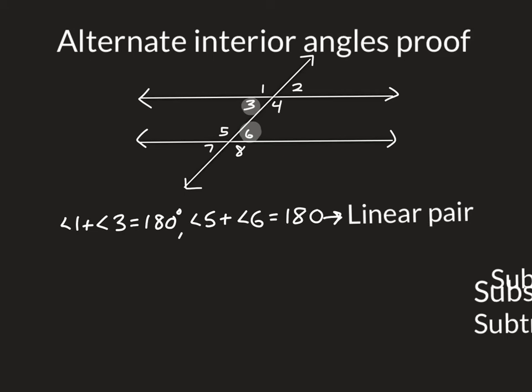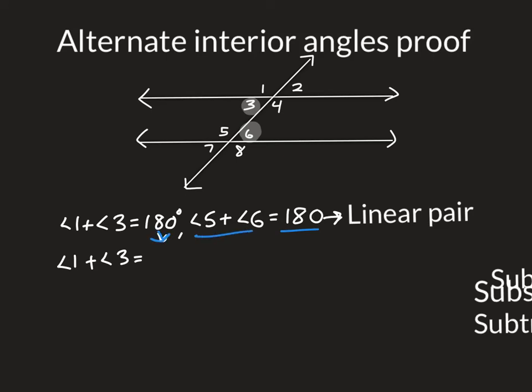For my next step, let's start off by rewriting that first step. Angle 1 plus angle 3 is equal to 180. But instead of writing that 180, I'm going to see if I can replace it with something. What is equivalent to 180? Well, angle 5 plus angle 6.